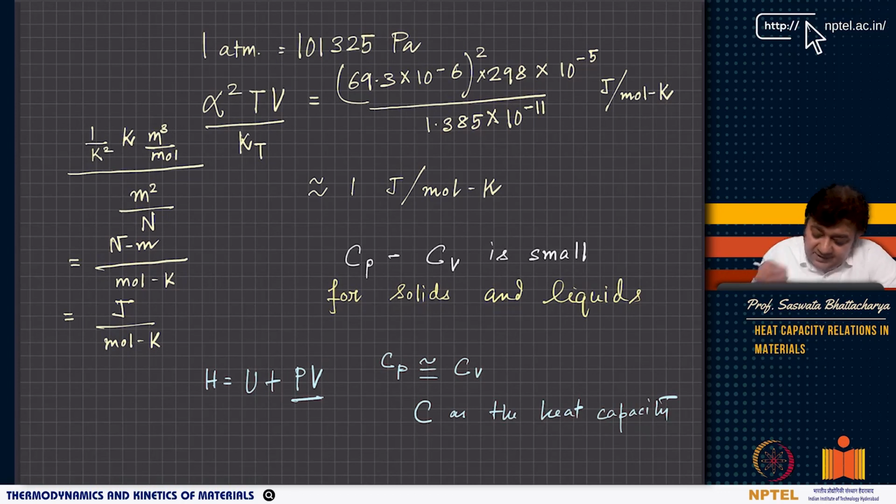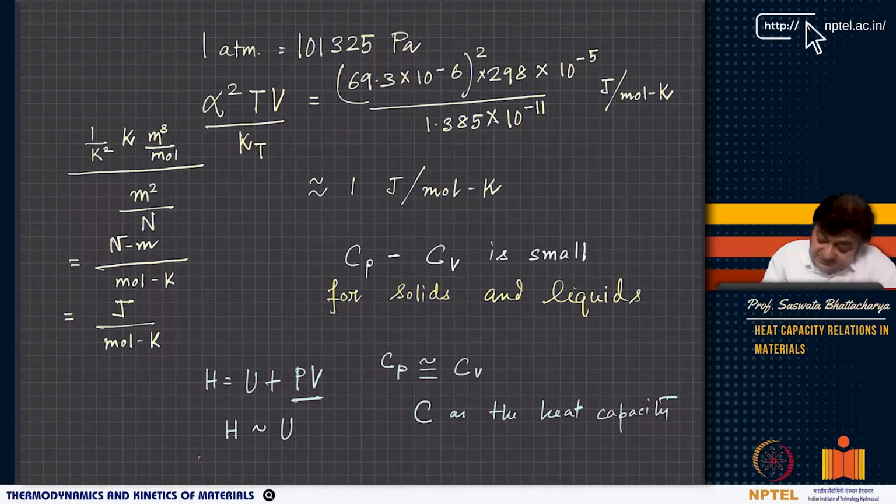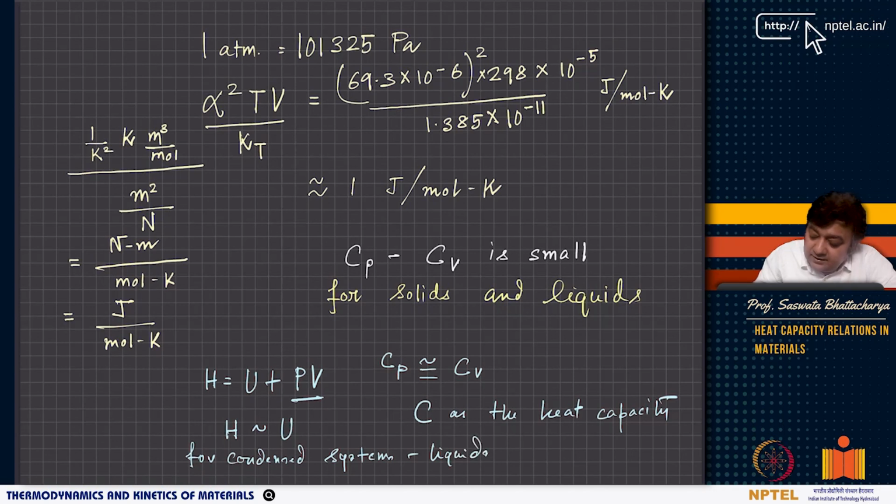But in general for solids, PV work is much smaller. So H can be written as approximately the same as U, again for condensed systems, which include liquids and solids.